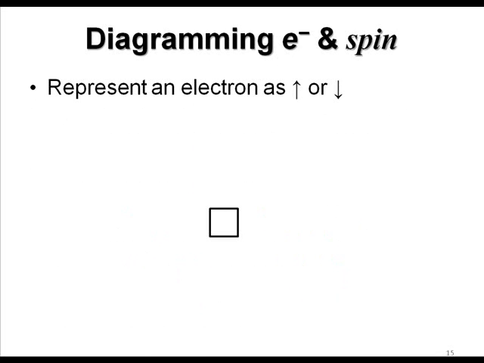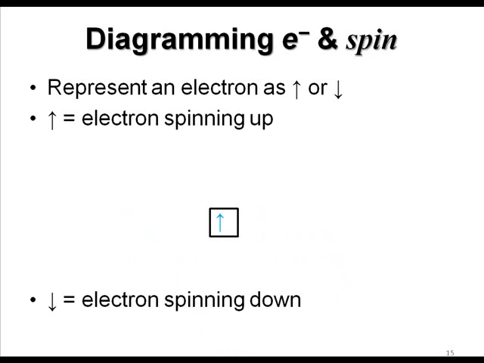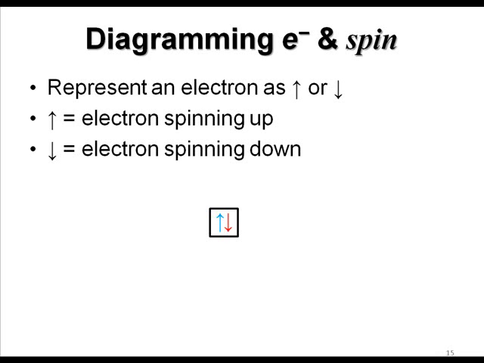And what we do is we represent the electron as having either a spin up or a spin down. So a given box represents an orbital, for example, a px orbital, or the box might represent a d orbital, and in that orbital only 2 electrons can exist, one spinning up and one spinning down.